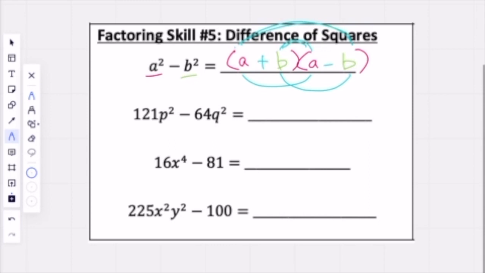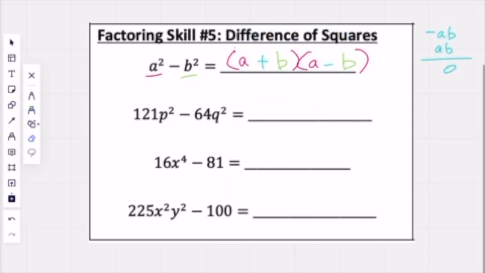We're going to get an a times a negative b, which will end up being negative ab. And then we're going to get a b times an a, which is going to give us a positive ab. And when you add those together, you get a net result of 0. So all that you have left are these bottom two things, the a squared and the negative b squared. So that's why this pattern works.